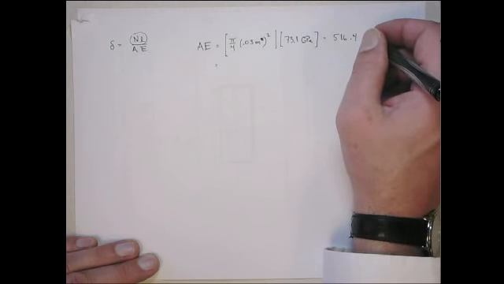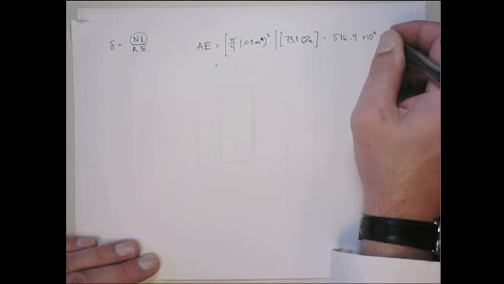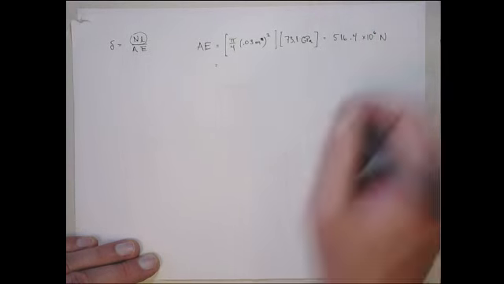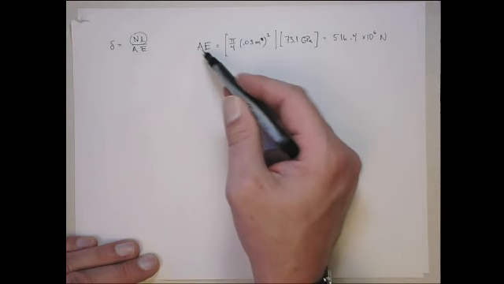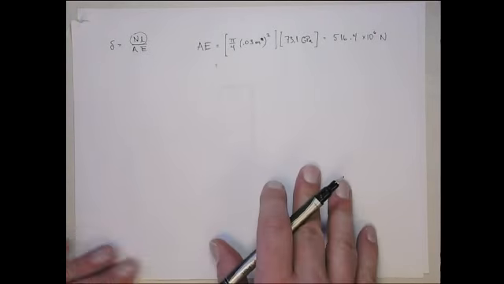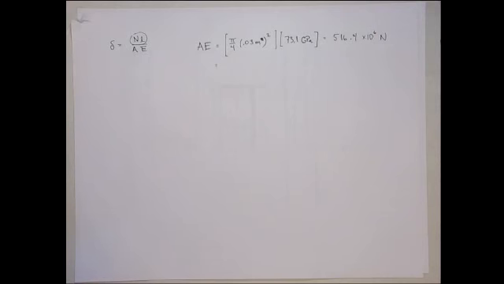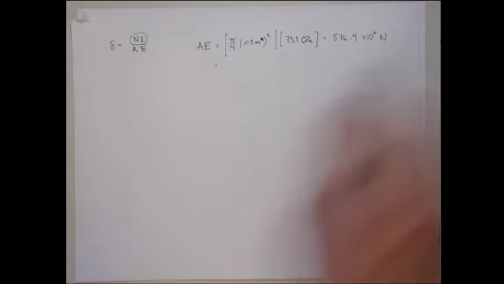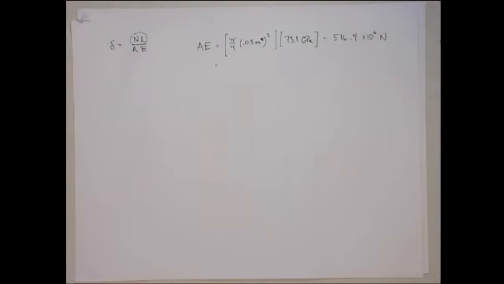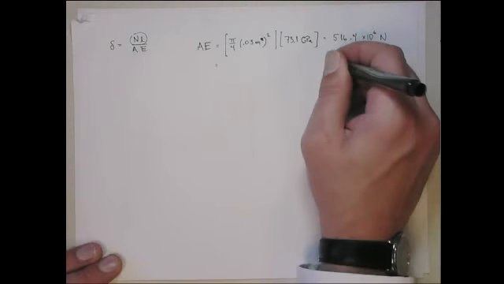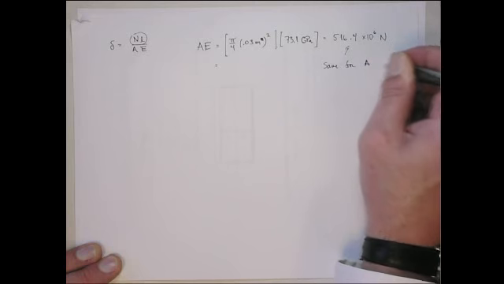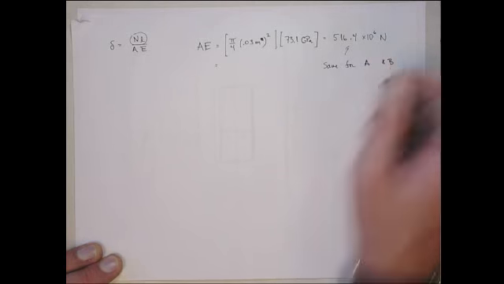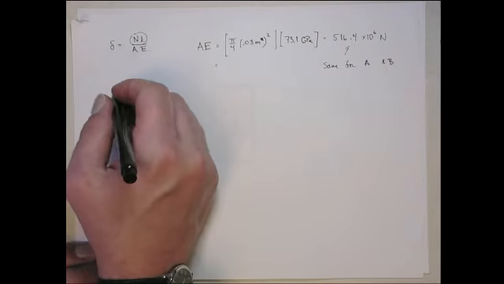These are consistent units because this is force per area and this is area, so that works out to be newtons. That's AE, and it's going to be the same for both A and B.